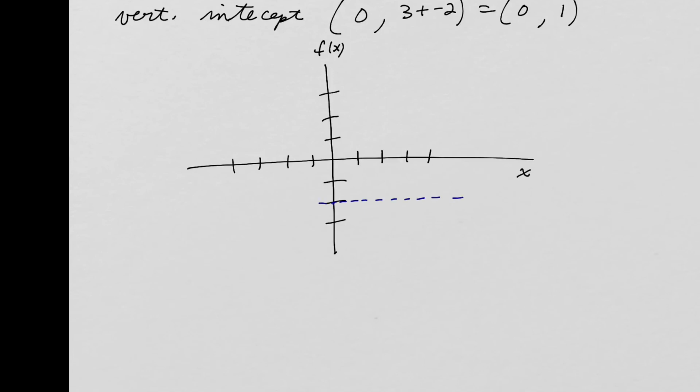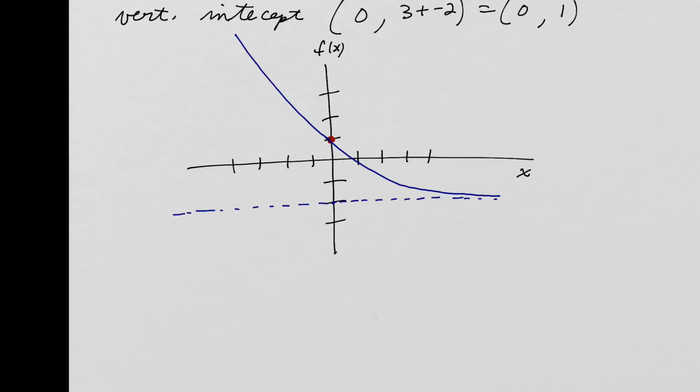So it's got to approach that line as x gets really, really large. I also know that the vertical intercept is now at the point 0, 1. So something like this. And I know that the graph decays, right? So as x gets really, really small, it's really, really, really big. And then somehow it's going to go through here. It's going to decay, and then it's going to get closer and closer and closer to y equals -2. So it'll look something like that.